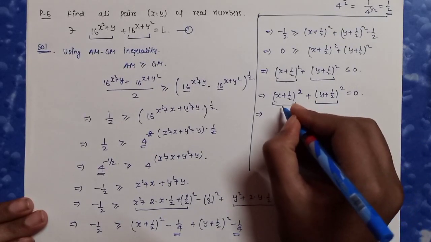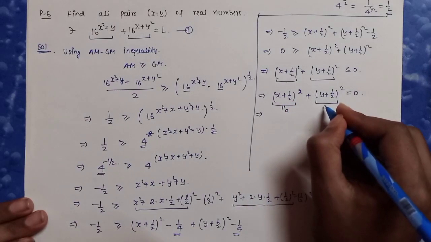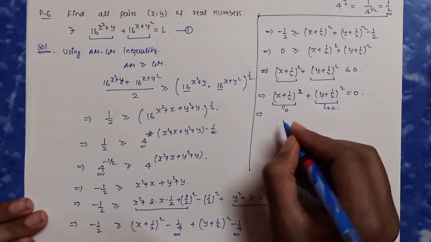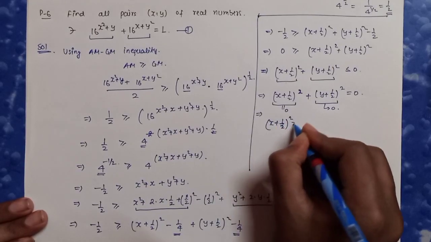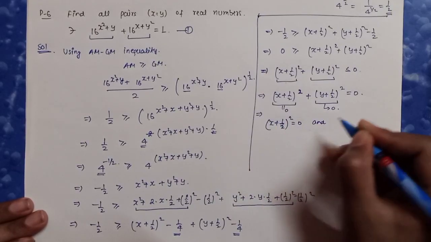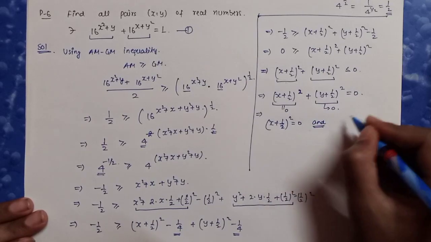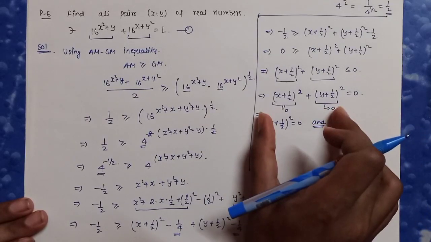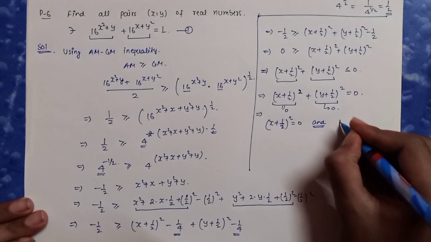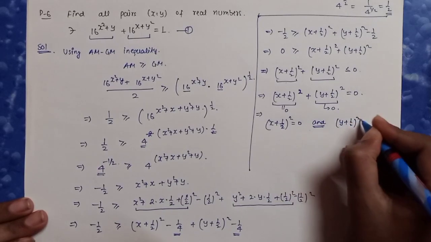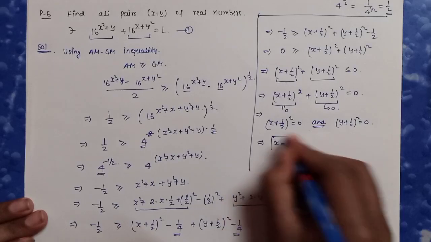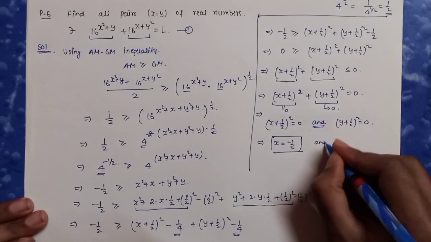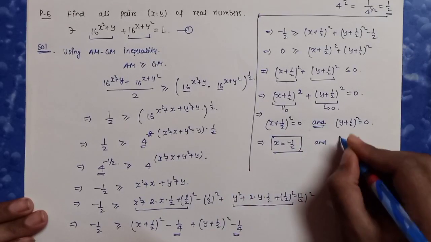So we can conclude that this will turn out to be 0 and this will also turn out to be 0. So we get two equations: x plus half whole square equals 0, and, because both the equations must be satisfied simultaneously, y plus half whole square equals 0. From here you will get x equals minus half, and from here you will get y equals minus half.